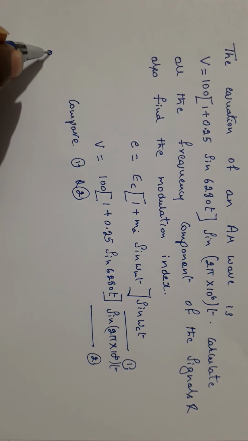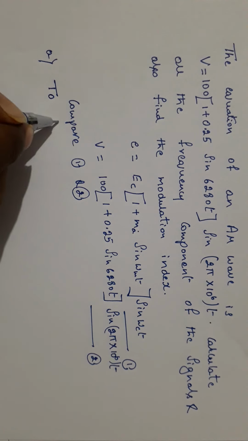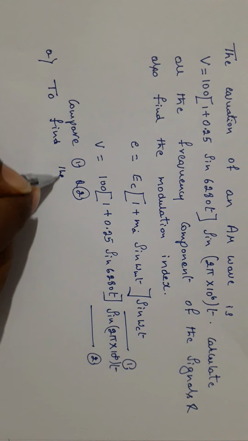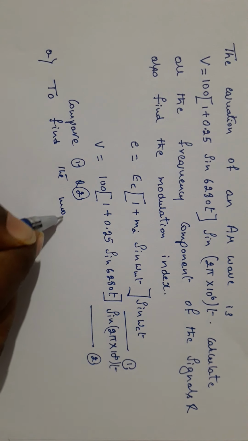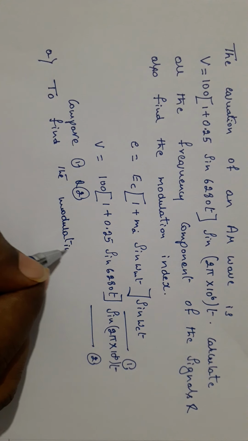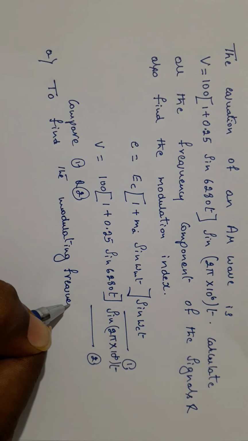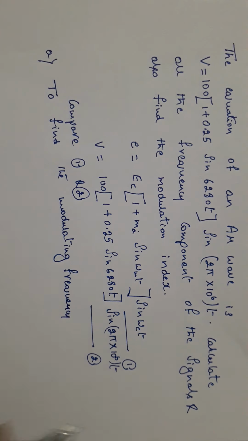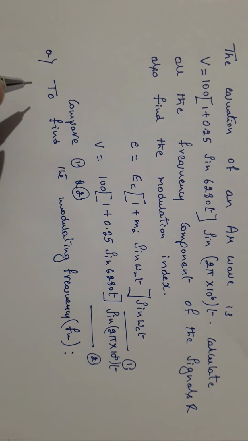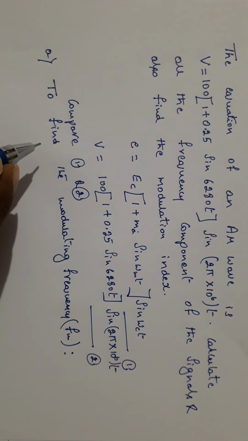First, we must calculate all the frequency components of the signal. First, A: to find the modulating frequency, that means Fm. We know omega equals 2 pi f.